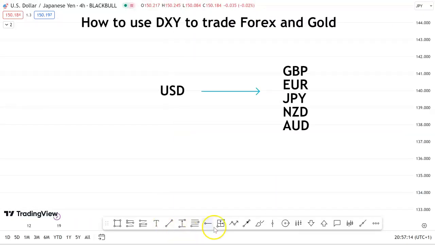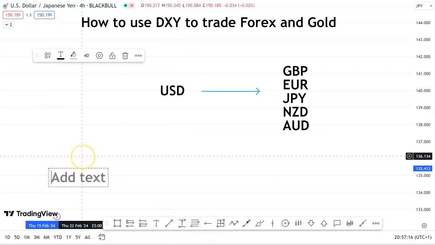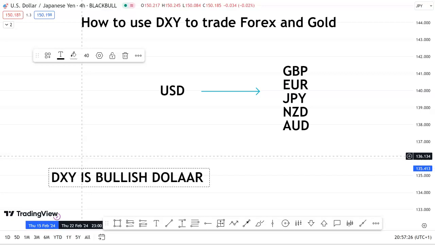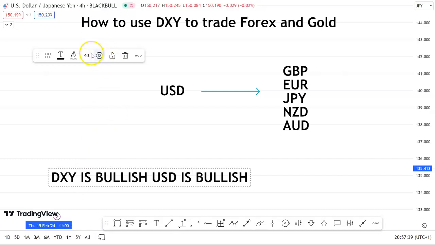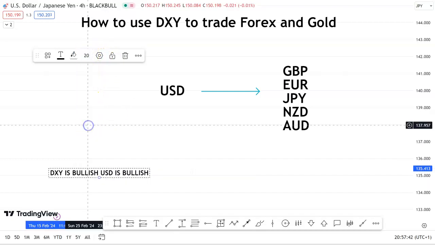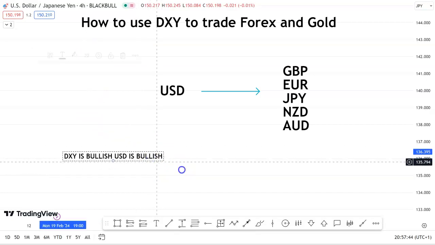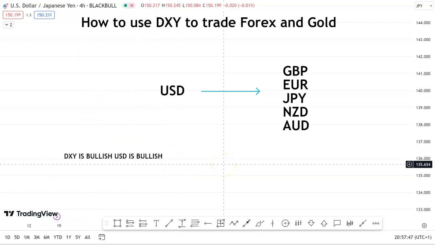Okay, so what we mean by this is when DXY is bullish, the dollar, or USD, let's say USD is bullish as well. That's to tell you that whenever your DXY is bullish, just know that the United States dollar is also strong.